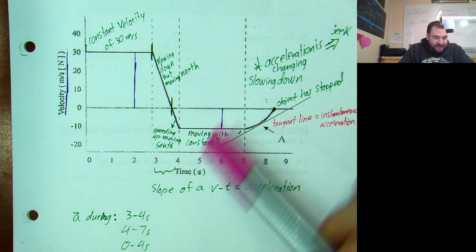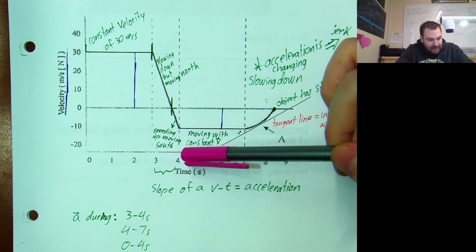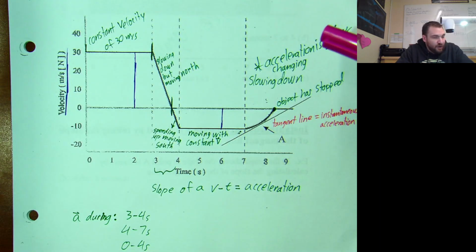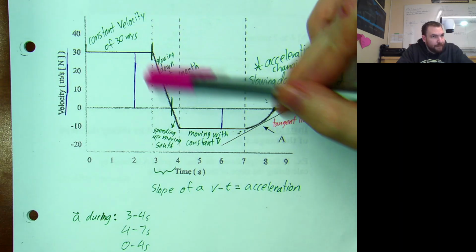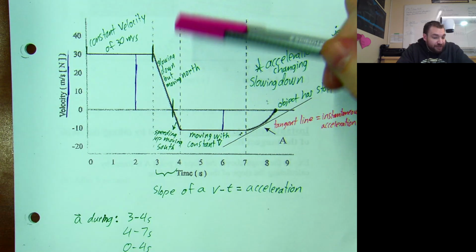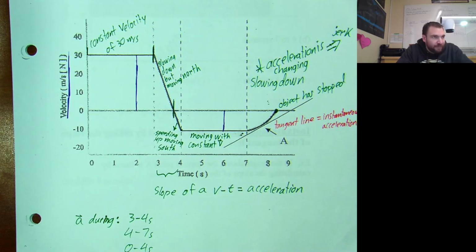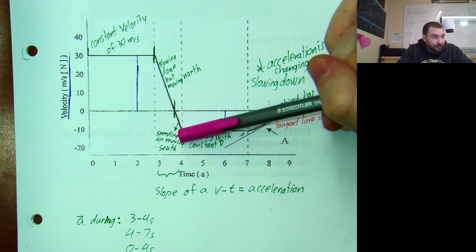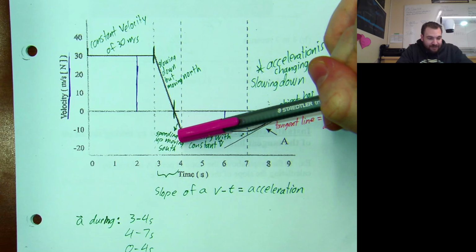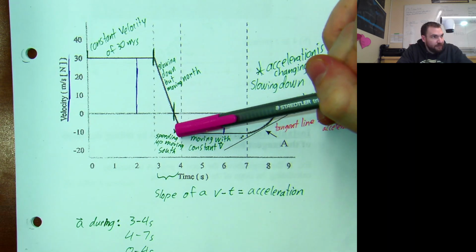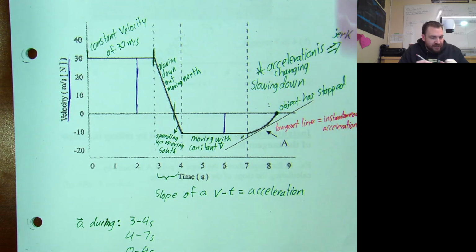So from 3 to 4 seconds, what is the acceleration of my object for that entire chunk of time? We know it's slowing down and moving north, but here it stops for an instant, a brief moment in time, and then it starts to speed up the other way. We said the acceleration was constant because that line is straight, so we can figure out what that acceleration is.